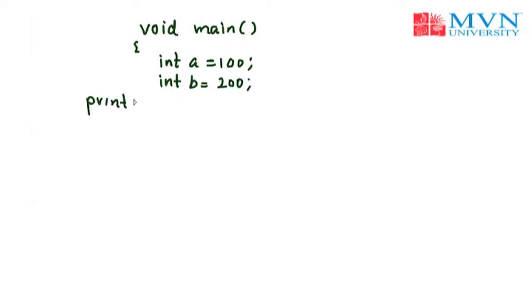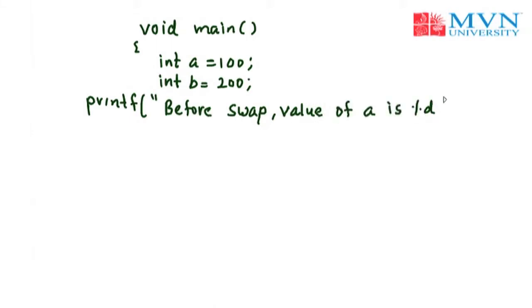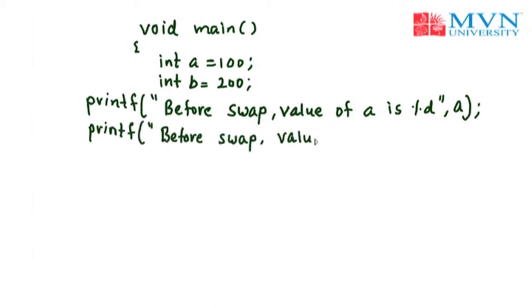I am using here a printf statement: before swapping the value of a is %d, a. Another printf statement: before swap value of variable b is %d, b. Now we call the swap function, swap(a, b).